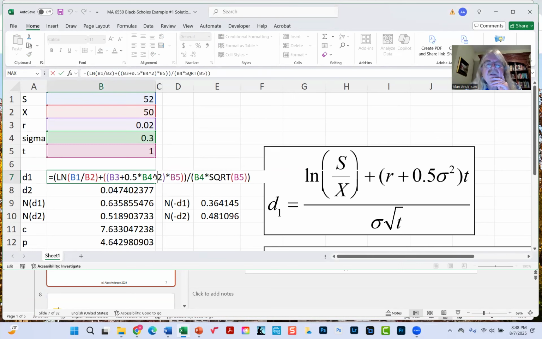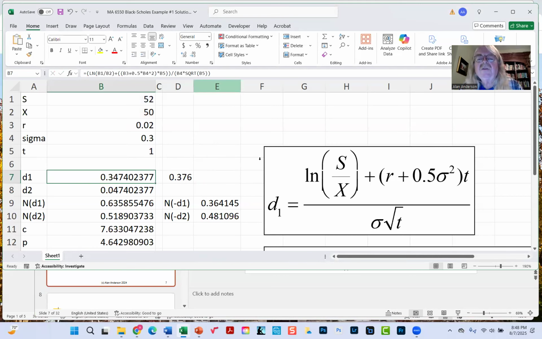This is how Excel shows exponentiation: the caret symbol, which is the Shift-6 key. Then we multiply the whole result by time, which is found in cell B5. In the denominator, we have B4, which is the volatility again, or sigma, times the square root of t, the time. In Excel, the command for square root is spelled SQRT.